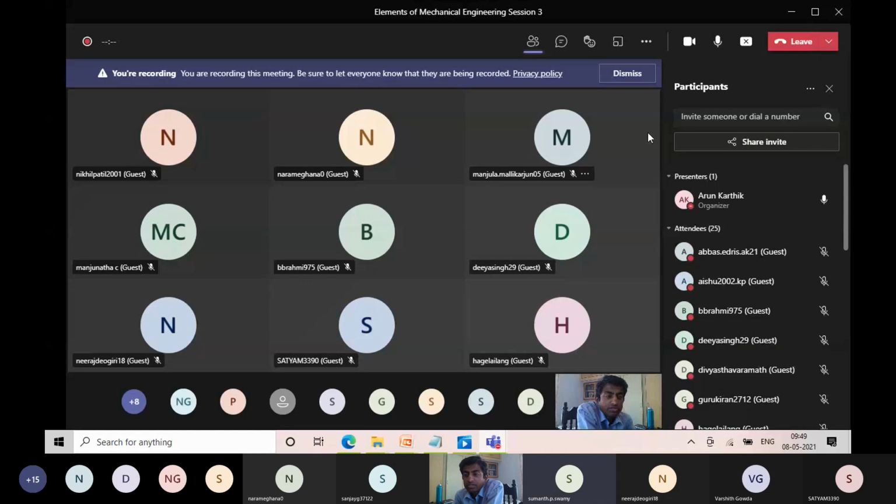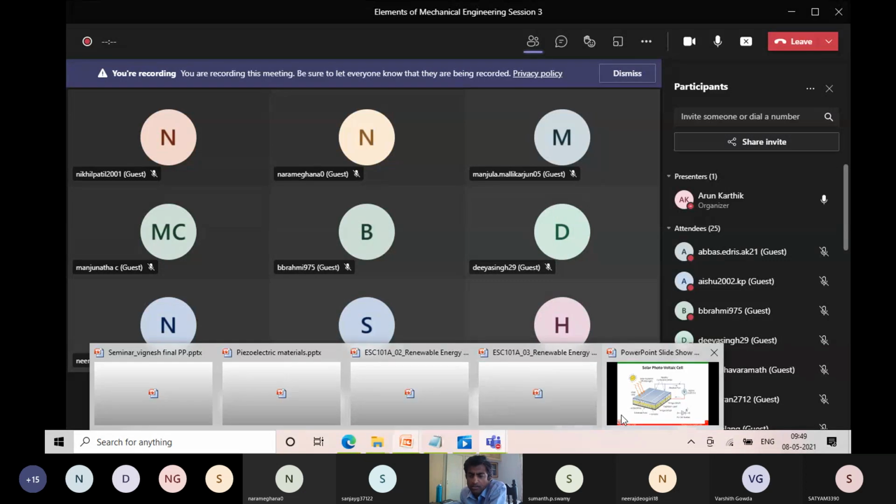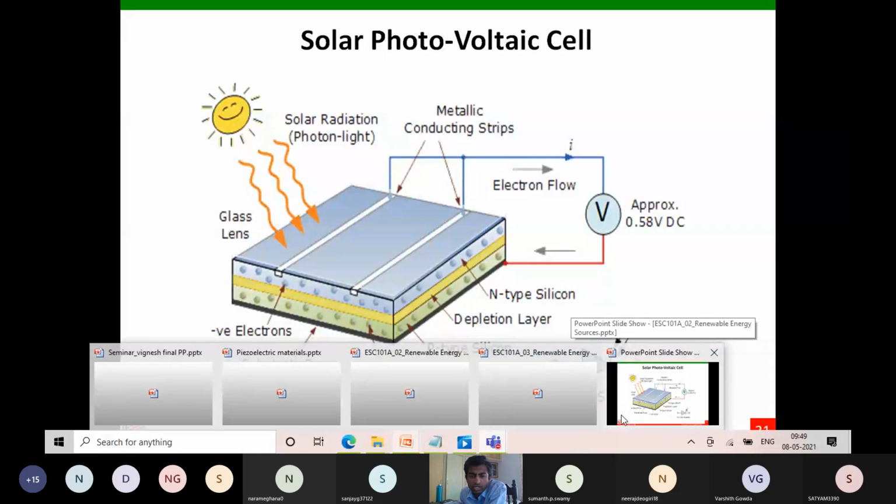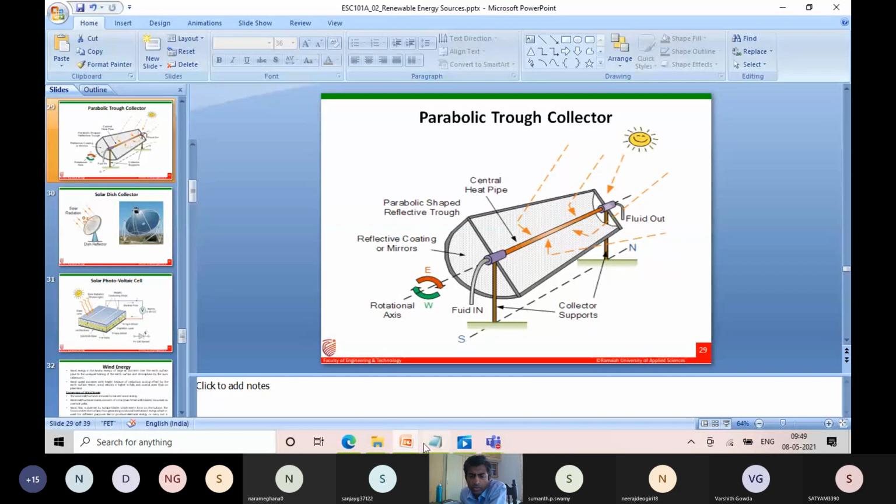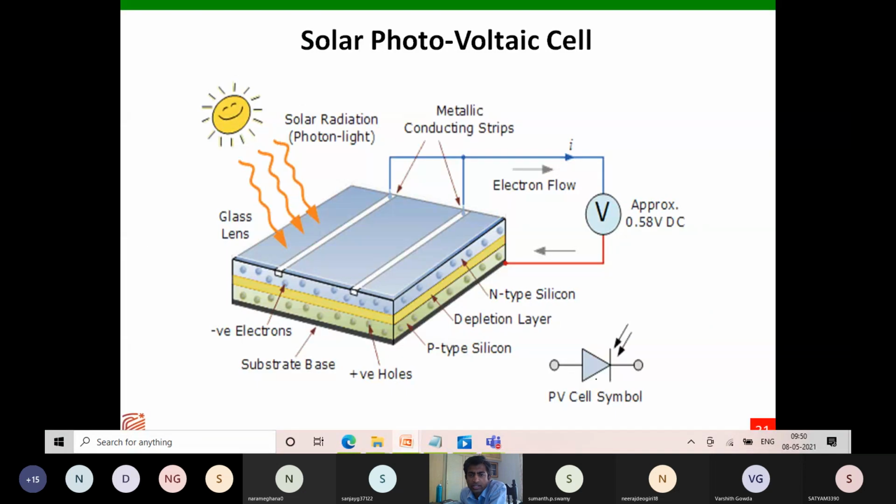The cause of pressure difference is solar energy, because the air gets heated by the solar energy. When it gets heated by the solar energy, there is some density difference that is created.